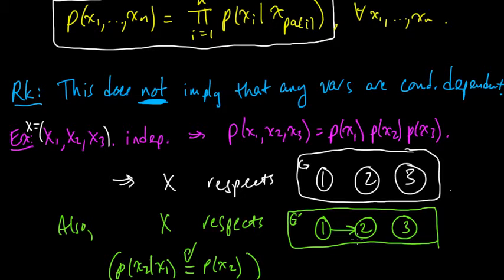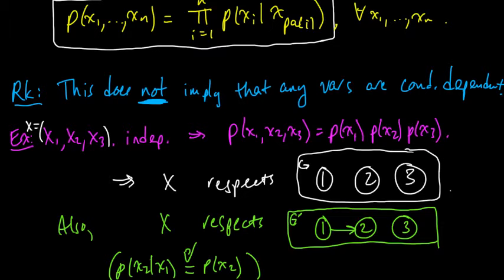And then you might say, well, wait a second. The thing that might be confusing is if you came across a graph in the wild and somebody gave you this graph and said that x respected this graph, then you might look at this and say, oh, x2 depends on x1. That's what it looks like this is saying. But that is not what this is saying.